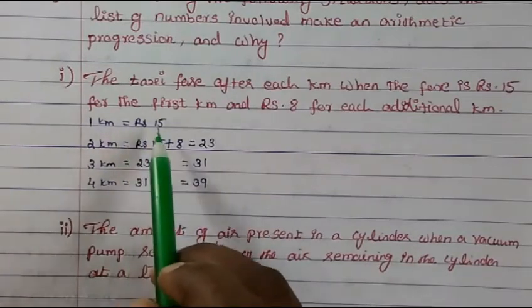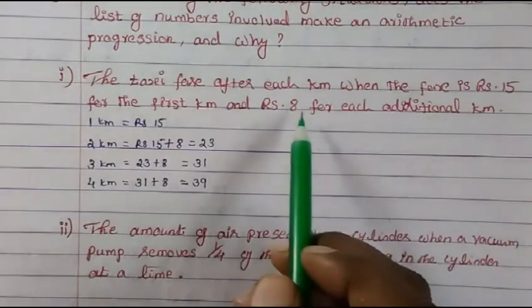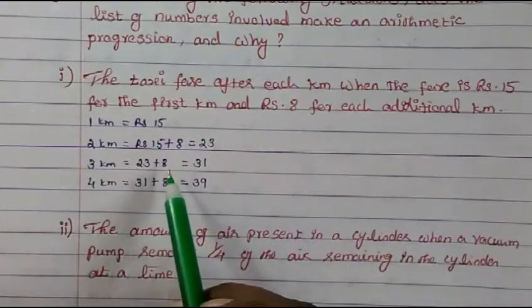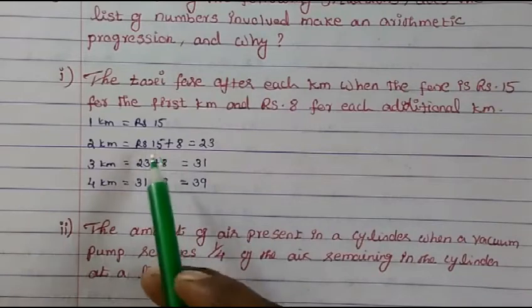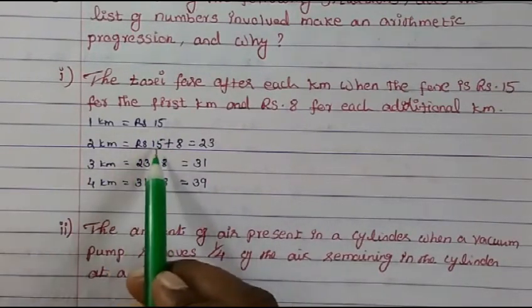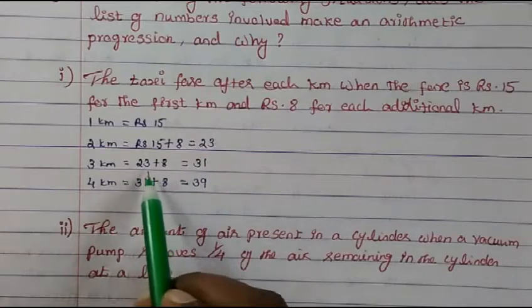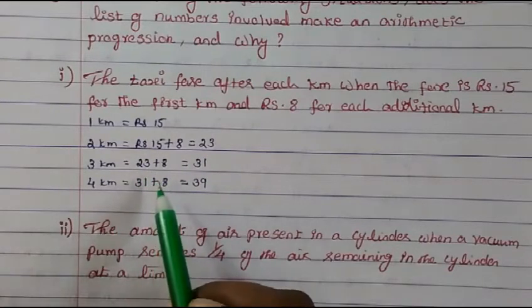The first kilometer 15 rupees is fixed, and for each kilometer 8 rupees will keep getting added to the amount that is there. So 15 rupees first, and for the next kilometer 8 rupees will be added, then we get 23 rupees, and for the following kilometer another 8 rupees will be added.